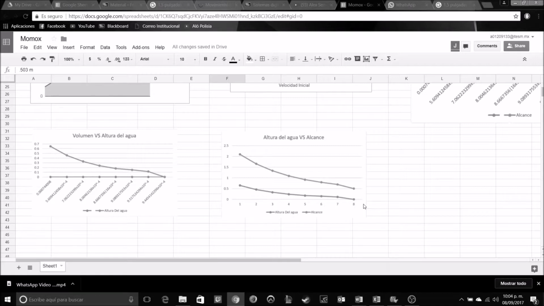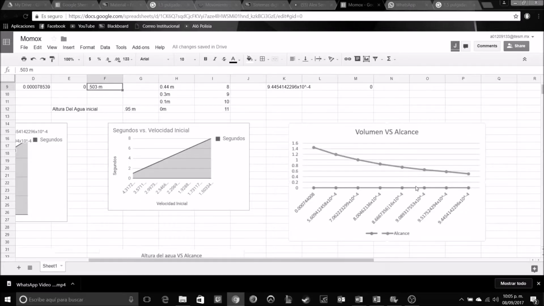So you can see they are related. And now, the volume versus the reach. As the reach dropped, you can see that the volume of the water that got out decreased.